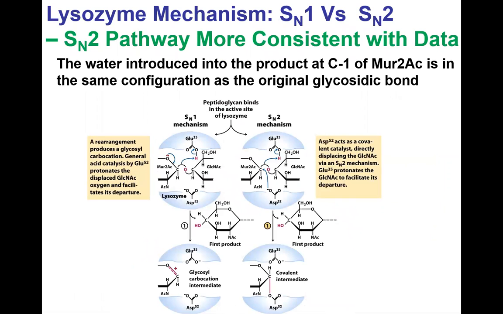So people were fighting over figuring out how this enzyme works. Two mechanisms were proposed, SN1 and SN2. And from your organic chemistry, the SN1 mechanism is where you have generation of a carbocation. Carbocations are planar, sp2 hybridized carbon.